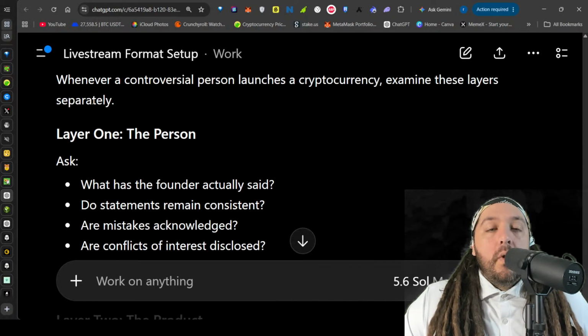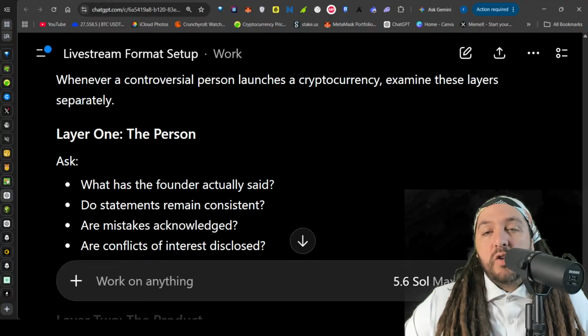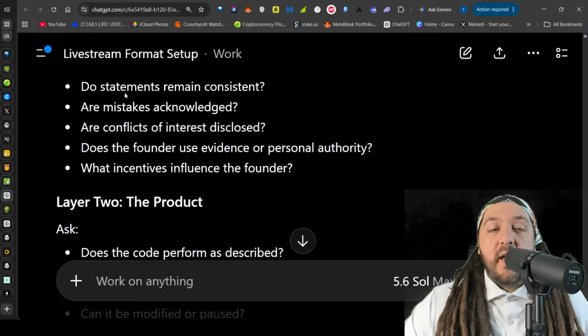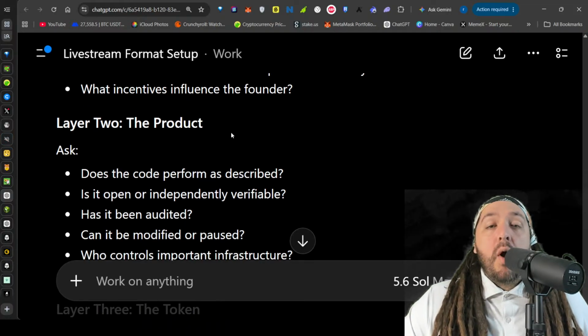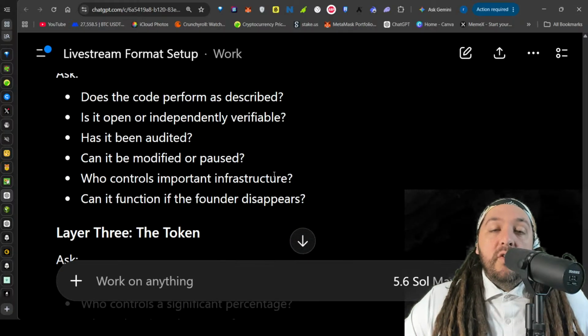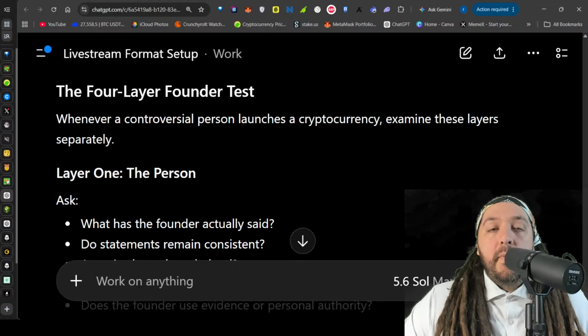So when we're breaking this down, whenever a controversial person launches a cryptocurrency, blockchain, whatever, examine the layers separately. Layer 1 is the person itself. Layer 2 is the product. Layer 3 is the token. And layer 4 is the community. So first you want to look at the person. Who's the founder?